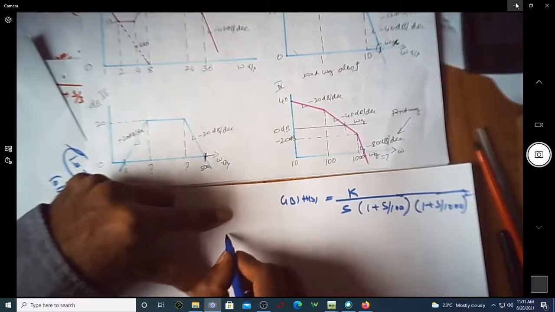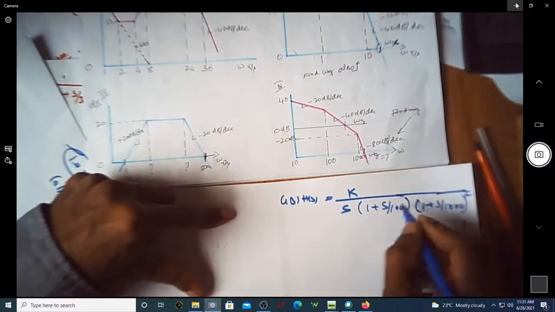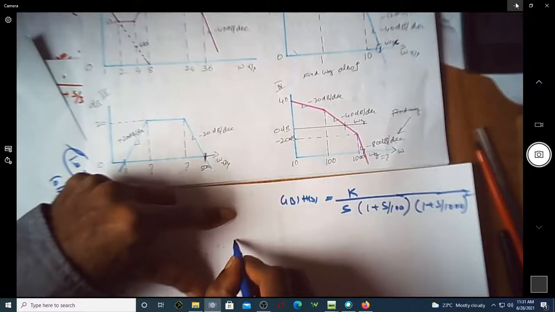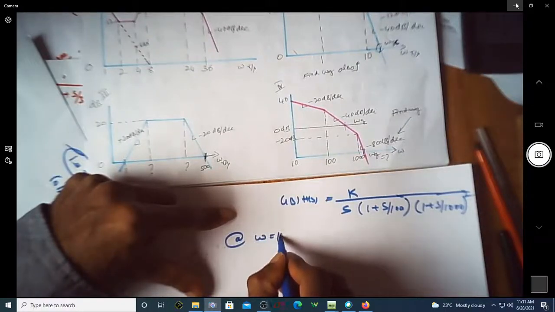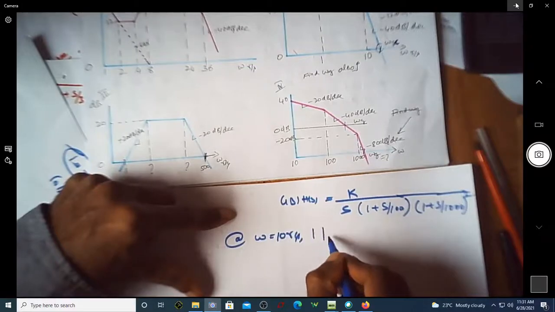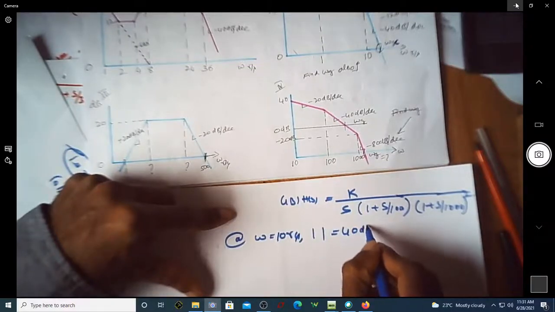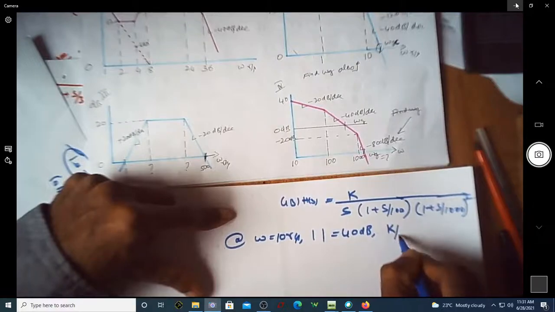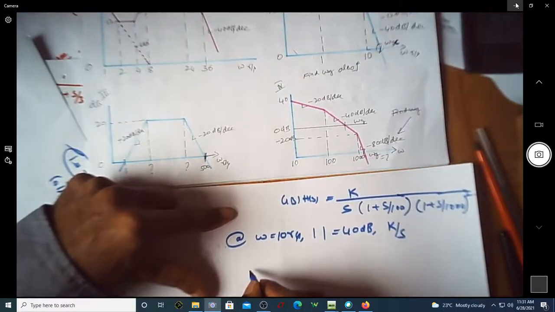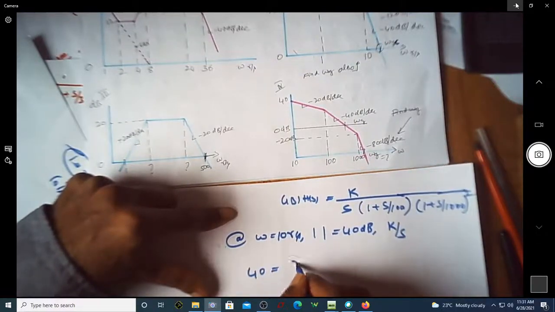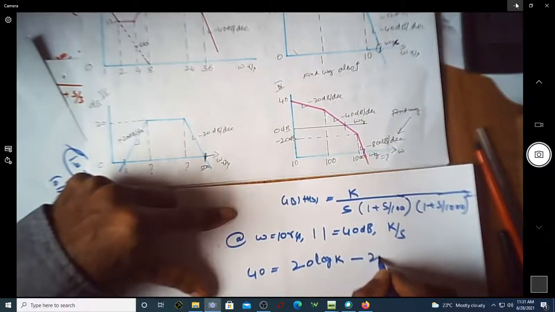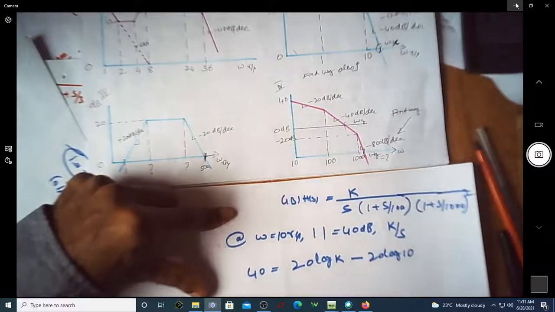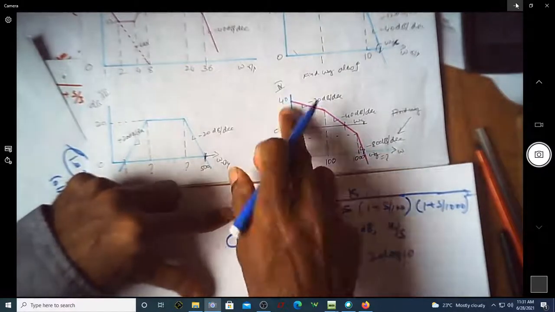So now I can write what is the value of k. I know that at omega is equal to 10 radian per second, magnitude is 40 dB. The terms contributing are k and 1 over s. So I can write 40 is equal to 20 log k minus 20 log of 10, because at 10 it is 40 dB.